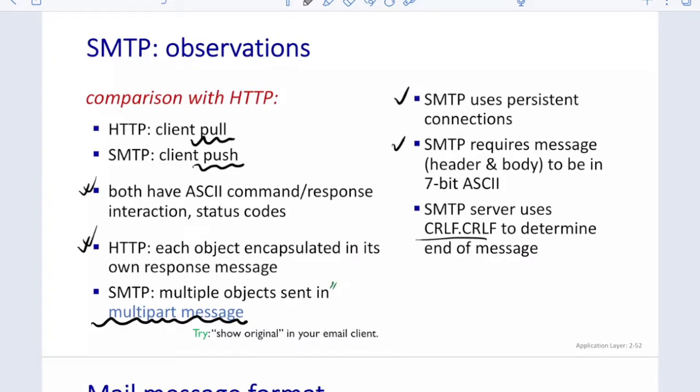A lot of different objects, images, text files, HTML files, CSS files, attached files, PDF files, are all encoded in one single email message, but they are divided into different parts, and they are encoded in different ways.